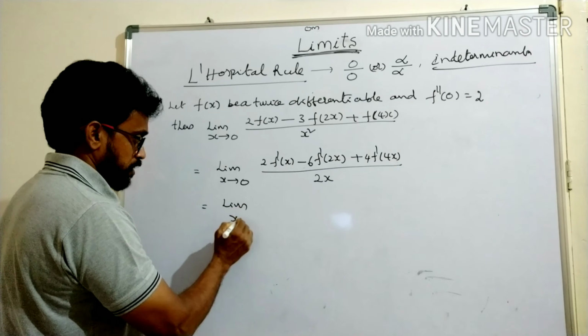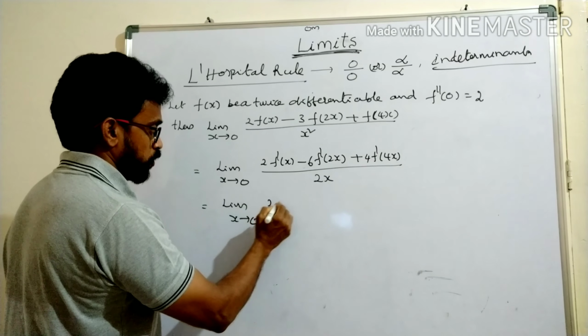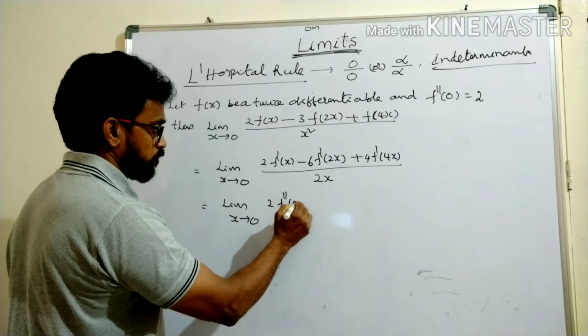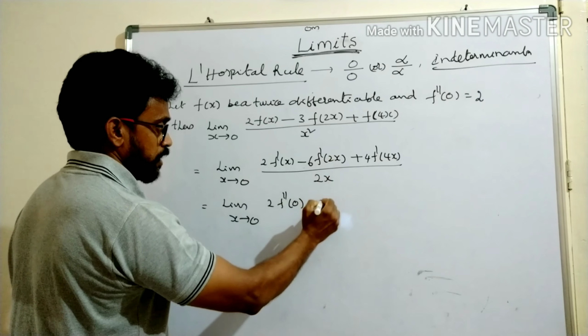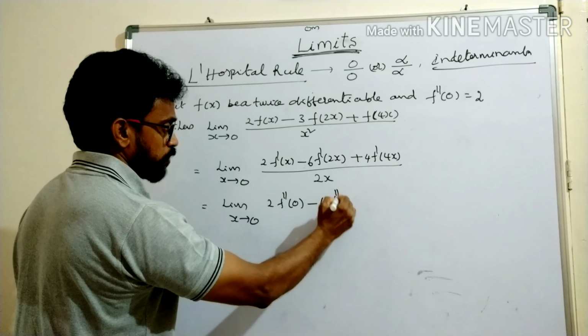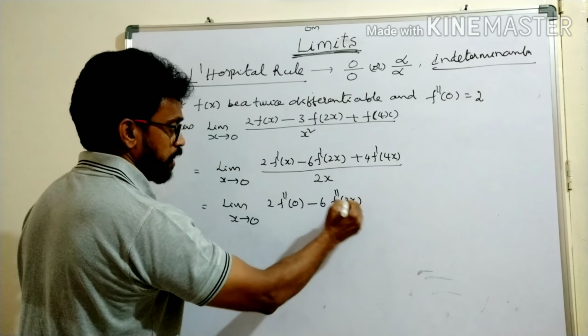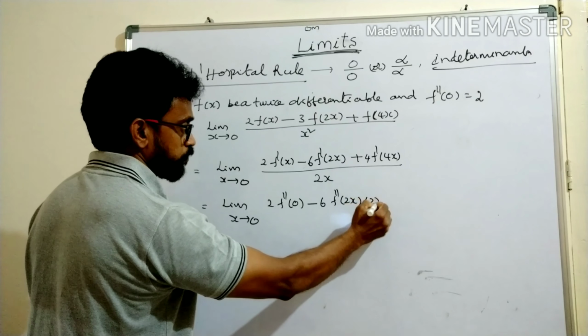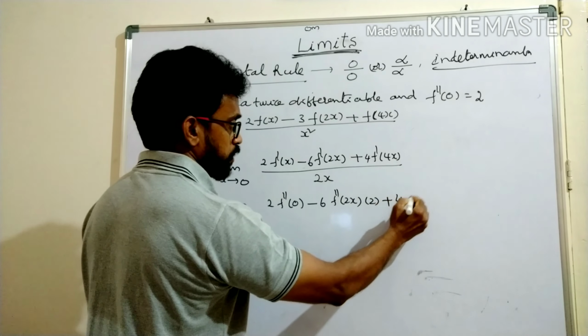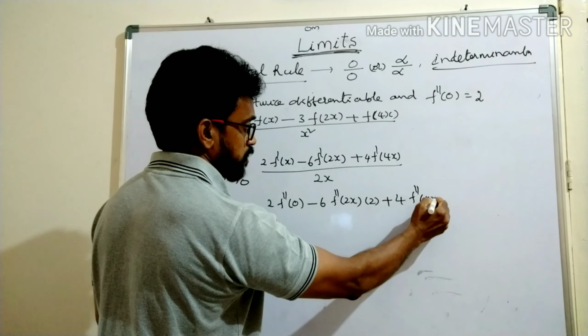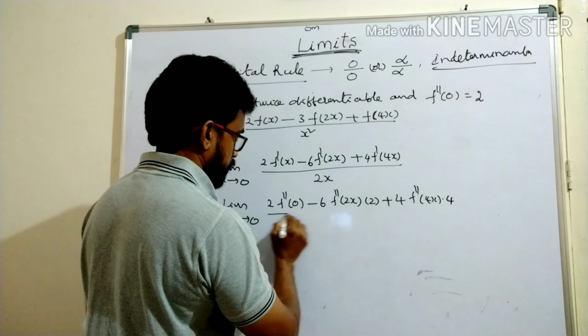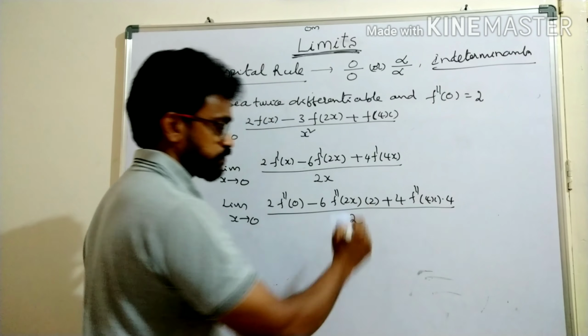Limit x tends to 0, 2 into f double dash of x minus 6 into f double dash of 2x into the derivative of 2x, 2, plus 4 into f double dash of 4x into 4, divided by 2.